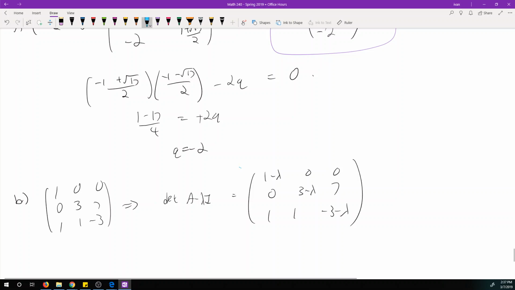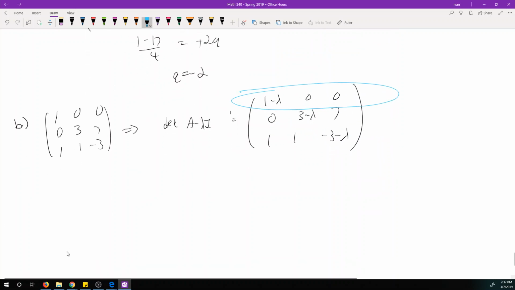Cofactor expand along the first row makes it easy-ish. Okay, and then you get 1 minus lambda times the determinant of 3 minus lambda, 7, 1, negative 3 minus lambda. So this is lambda squared minus 3 lambda plus 3 lambda minus 9, and then this is minus 7.